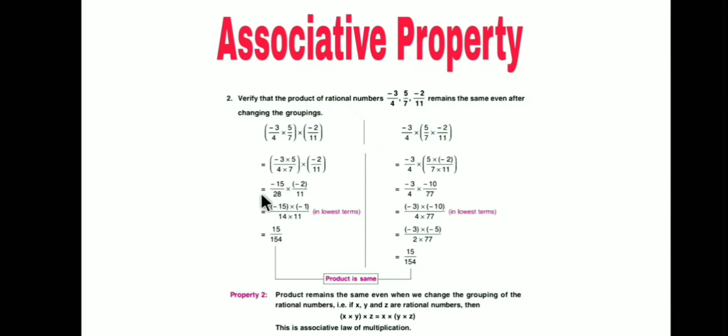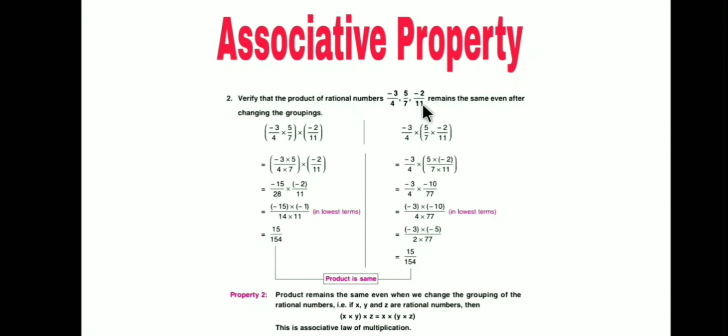So the product obtained over here will be minus 15 into minus 1, which is equal to 15. 14 into 11 is 154. When we multiply the three rational numbers by grouping the first two first and then multiplying the product of the first two with the third, we got the product as 15 upon 154.